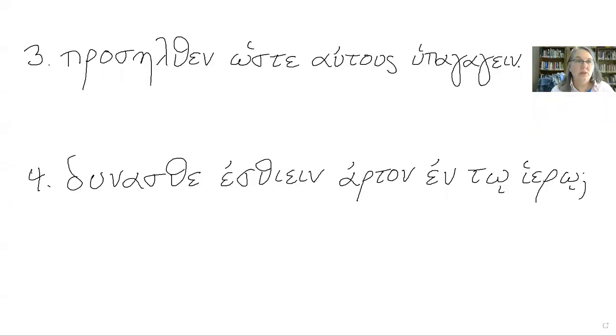Okay, sentence 2 and 3, we have pros eothen. So this is the aorist of pros erkomai, third person singular. So that is he entered. And one of the things that we have to be careful of with result clauses is result clauses can get easily confused with purpose clauses.